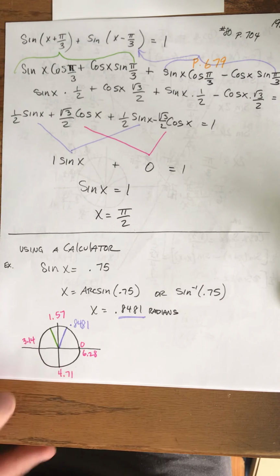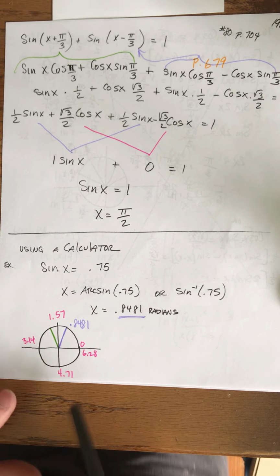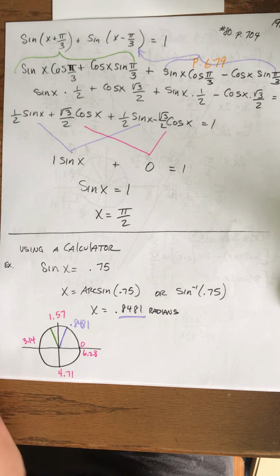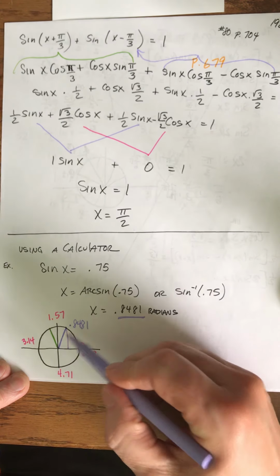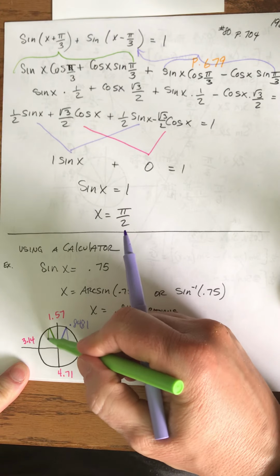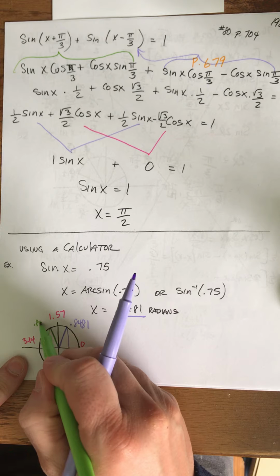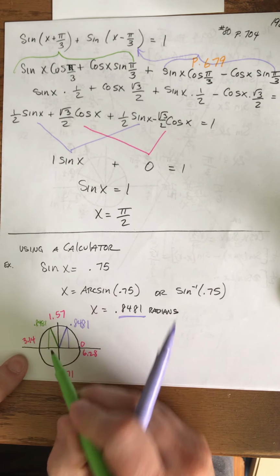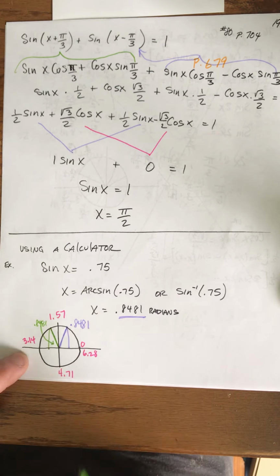But is that my only answer for which the sine comes out to be 0.75? I don't think so. I think over here the sine would come out to be 0.75 as well. So in other words, the opposite over the hypotenuse came out to be this. Well, this opposite over hypotenuse will also come out to be this 0.8481, but it would represent this angle in here.